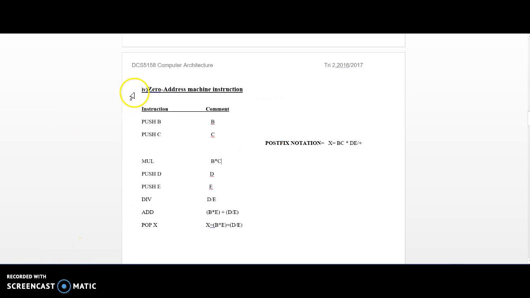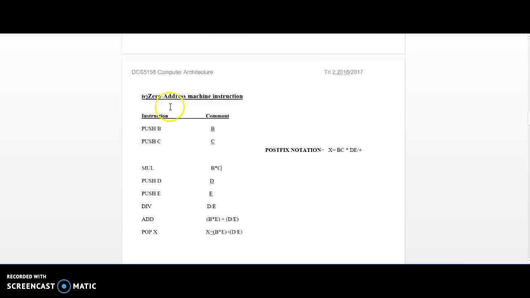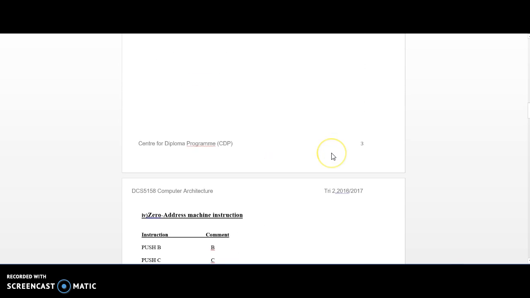Now we're going to continue with zero address. For zero address, we just have to follow exactly our postfix notation, which we got earlier.